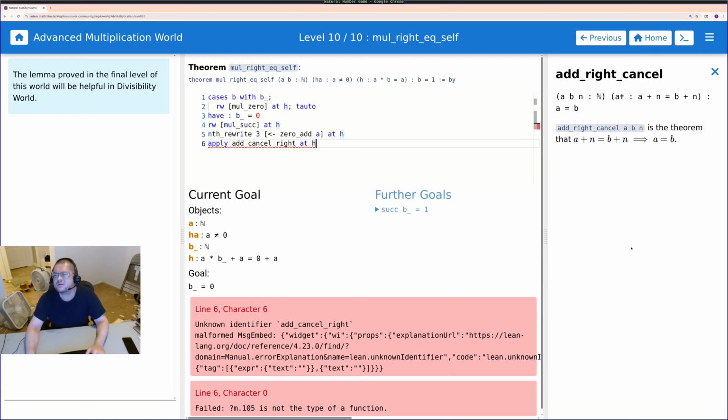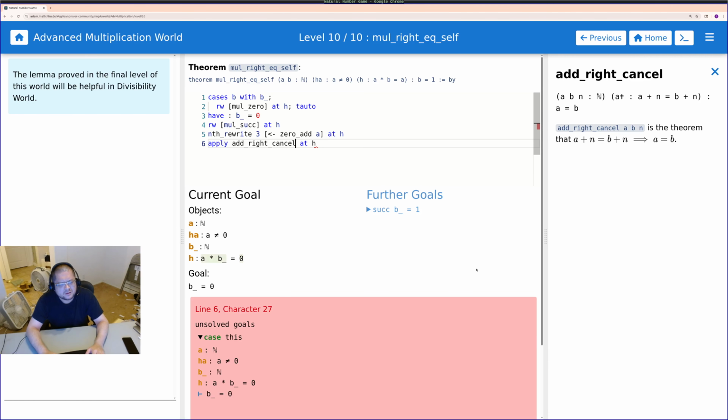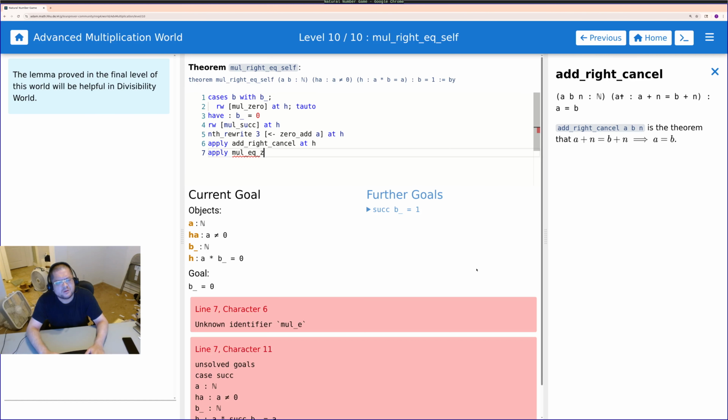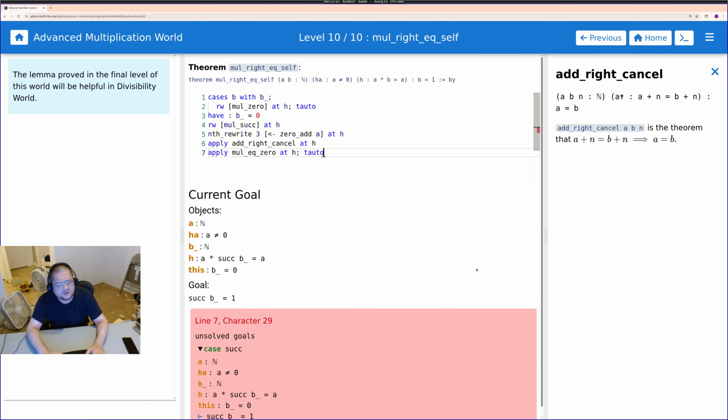Why can't we do this? Add right cancel. Okay, and then we're going to do multiply equals 0 at h, and then this should be tautologically true.